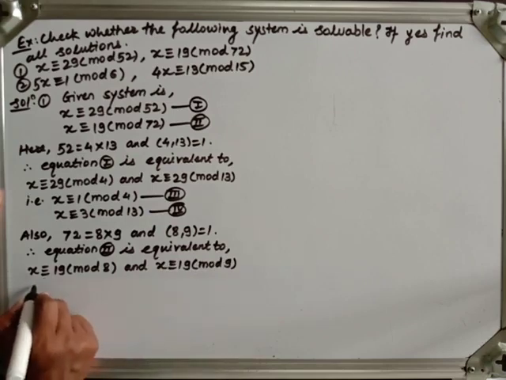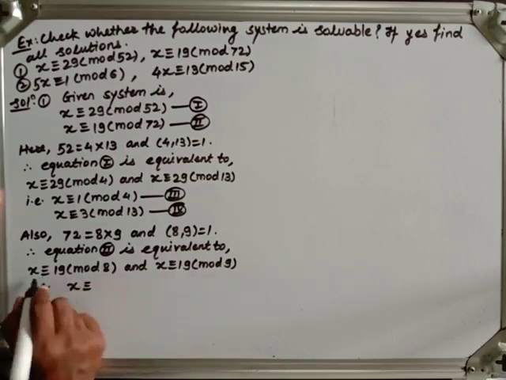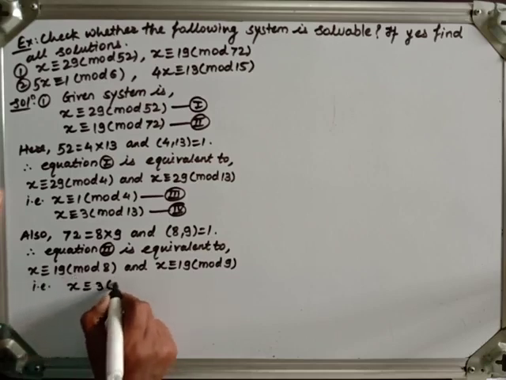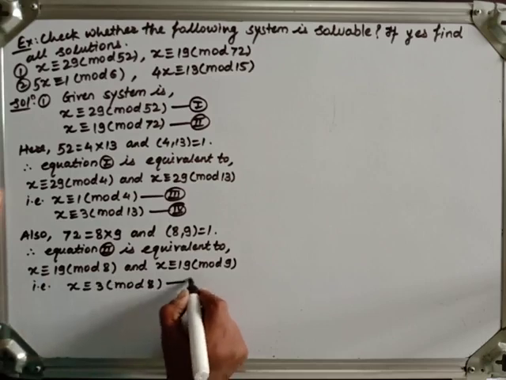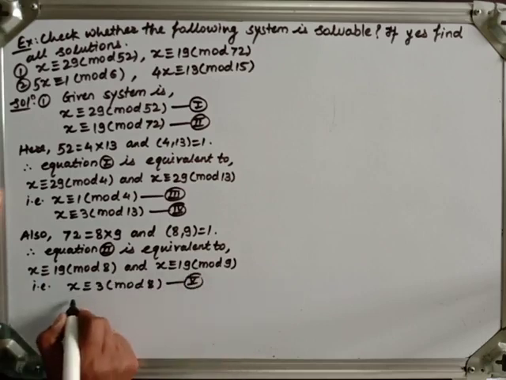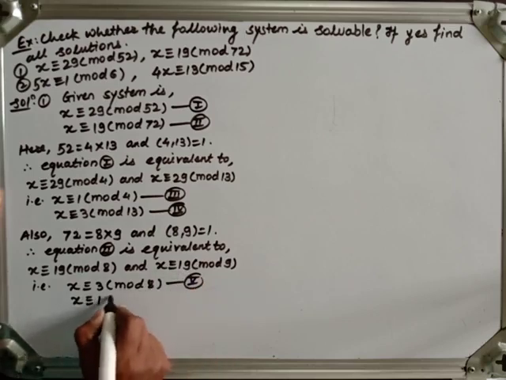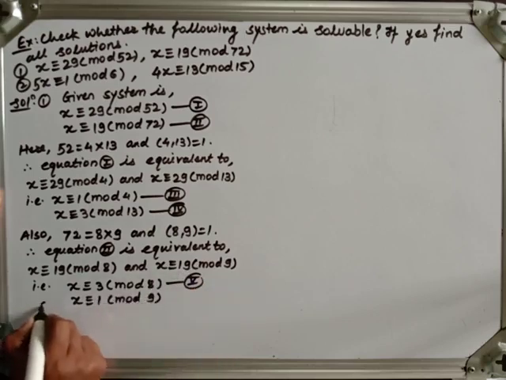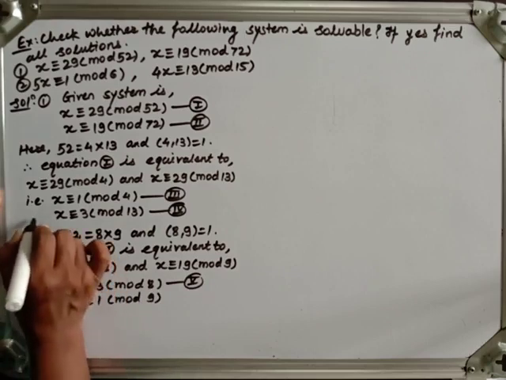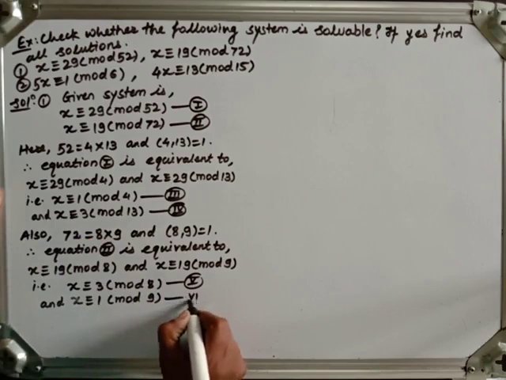That is x congruent to 3 modulo 8, call it equation number 5, and x congruent to 1 modulo 9, equation number 6.